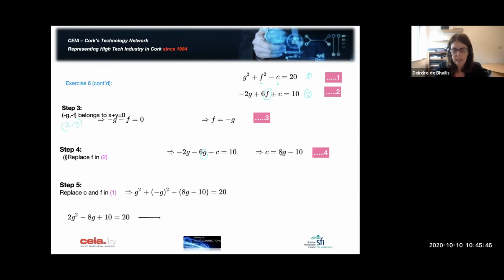So working that out, we get 2g squared minus 8g plus 10 equals 20. 2g squared minus 8g minus 10 equals 0. And that gives us another quadratic equation. So here we are back to needing to use factors to solve this.